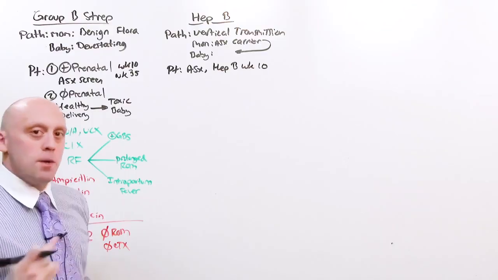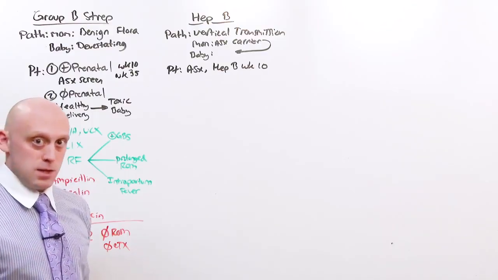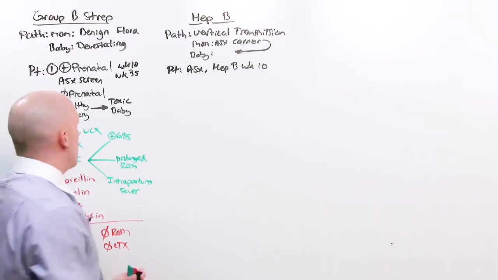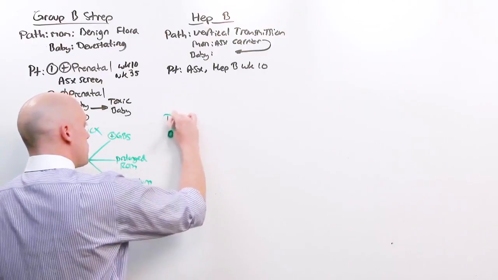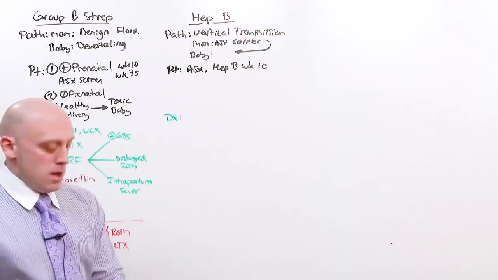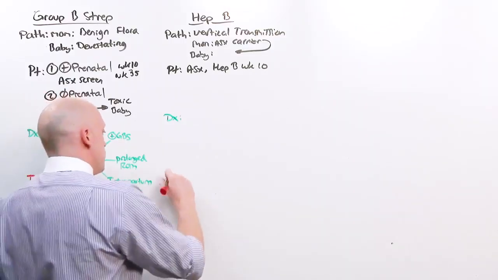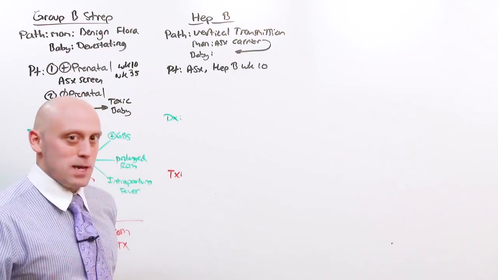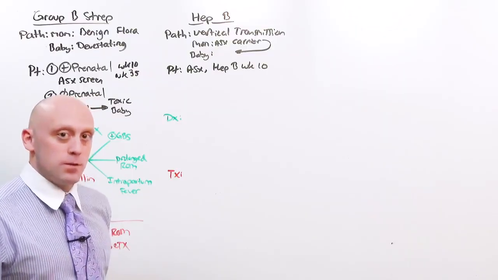If she is positive for hepatitis B, you have to prepare for what you're going to do at delivery. The diagnosis is actually the hardest part, so I'm going to save the diagnosis for the very end. The treatment: if she has circulating hepatitis B in her, you need to prevent baby from getting it.